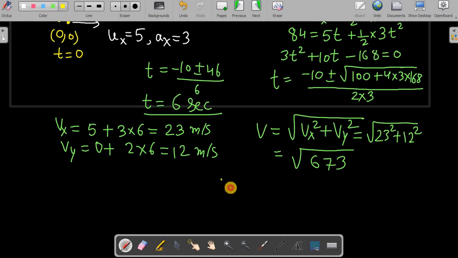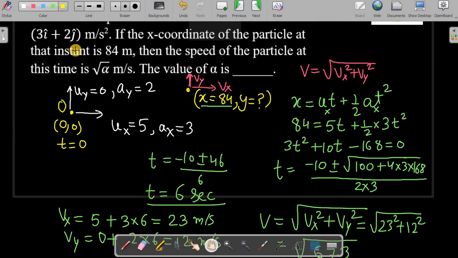After 25, you take 26. 26 square is how much? 676. I think that is nearest. So we can go for that. 676 means near to 26 meter per second. That will be the answer, 26 meters.